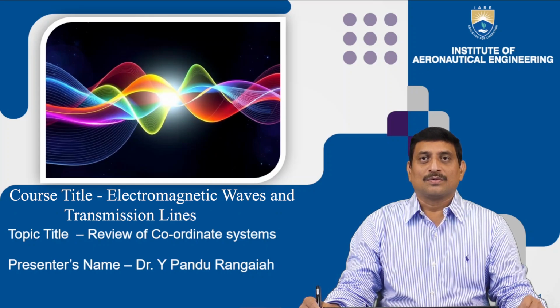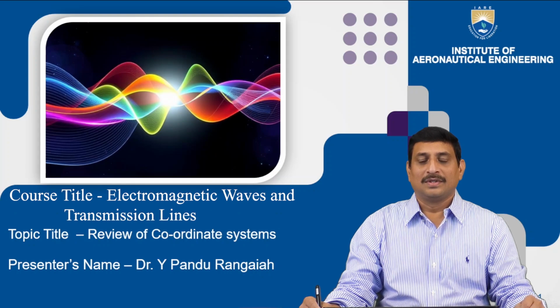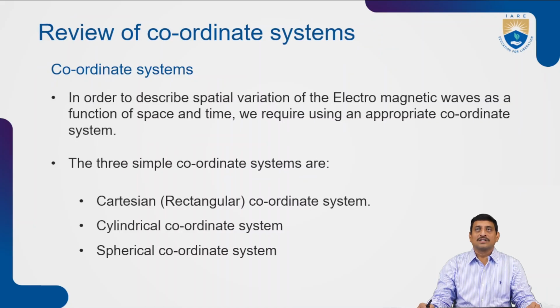And with respect to the coordinate systems, we went through the three coordinate systems: the rectangular or Cartesian coordinate system, the cylindrical coordinate system, and the spherical coordinate system.